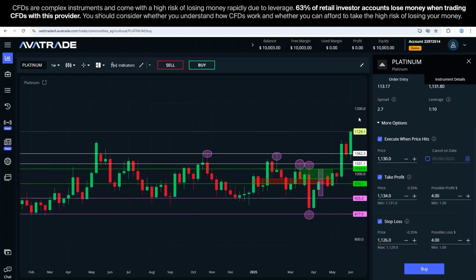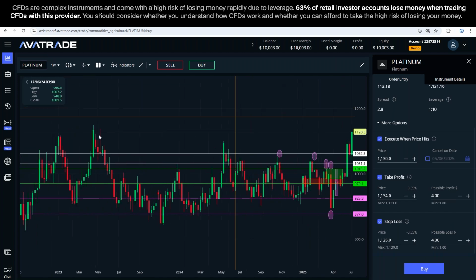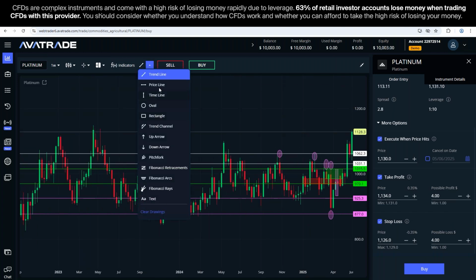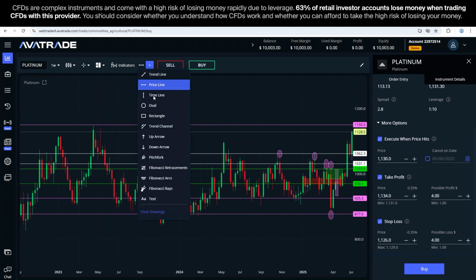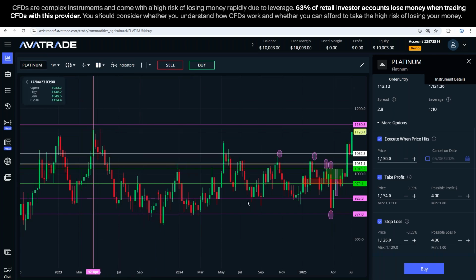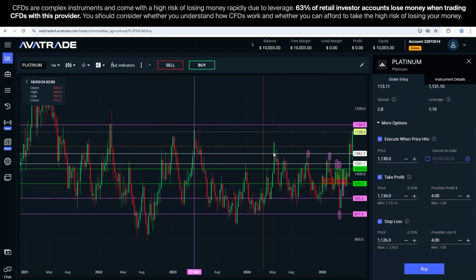In this case, we're going to look at what happened before. And we're going to see that the next resistance line is actually here when looking at weeks. And the last time that it's actually been on that price was April, but not this year, April 2023. That was 2 years ago.